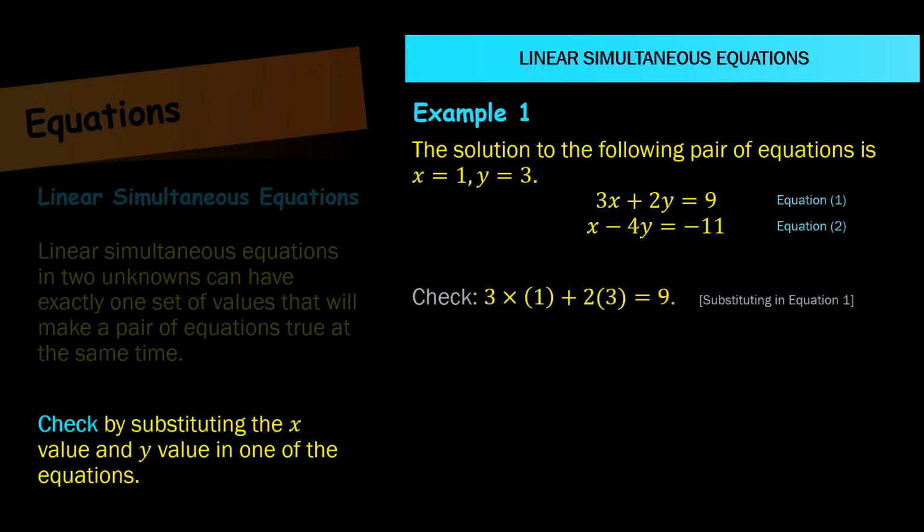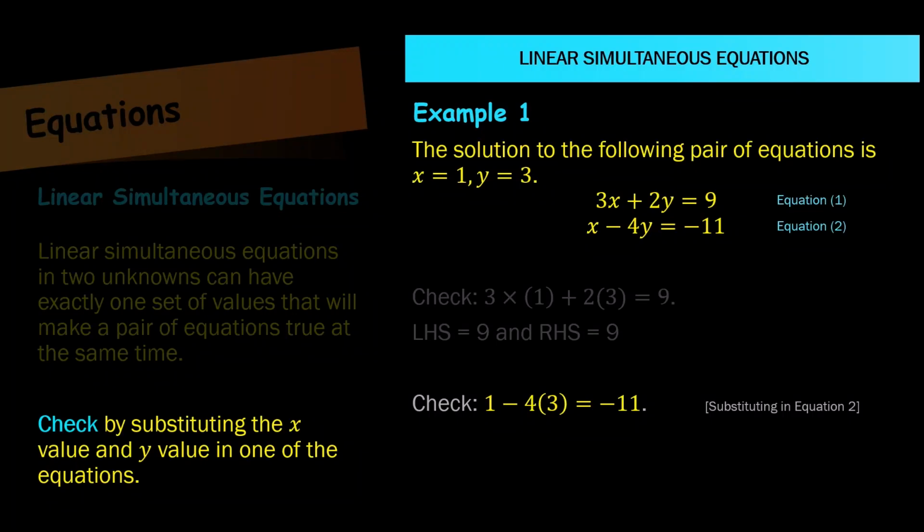So let's check. 3, the coefficient of x, times 1, x equals 1, plus 2, the coefficient of y, times 3, y equals 3, does indeed equal 9. 3 times 1 plus 2 times 3 equals 9. So the left-hand side equals 9 and the right-hand side equals 9.